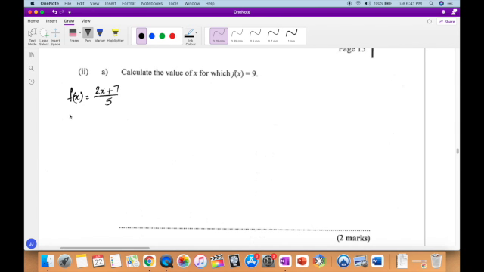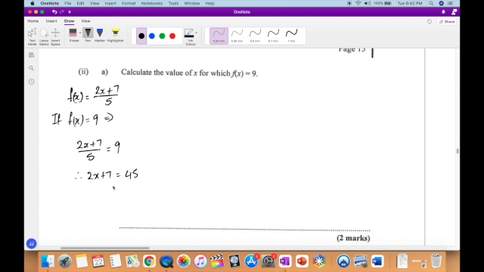So if f of x equals 9, that implies 2x plus 7 all over 5 is equal to 9, right? Therefore, 2x plus 7 is equal to 9 times 5. 5 9s are 45, right? 9 times 5, yeah? 45.